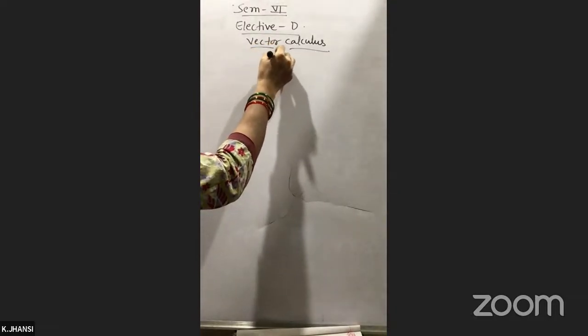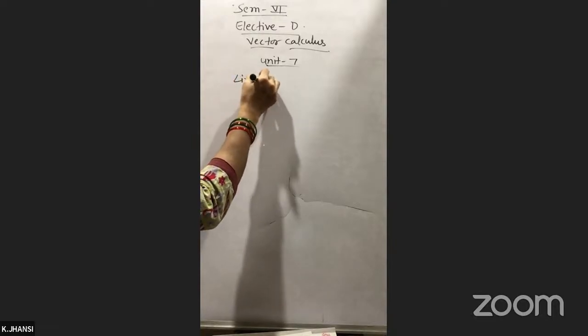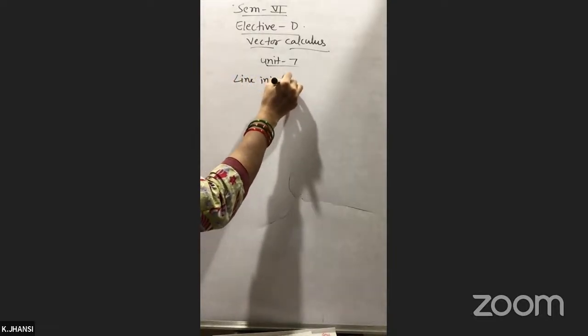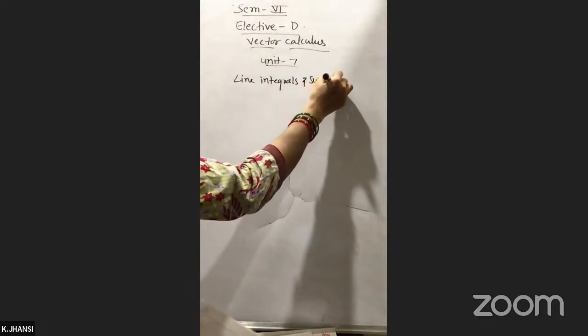So line integral notation is in unit 7. Unit 7 is line integrals and surface integrals.